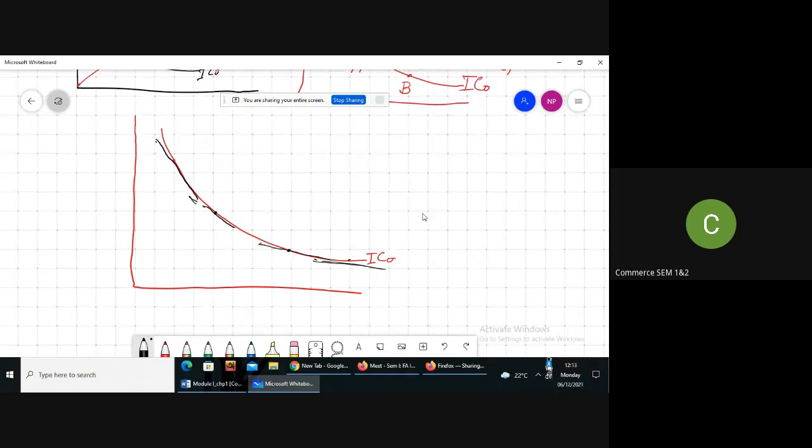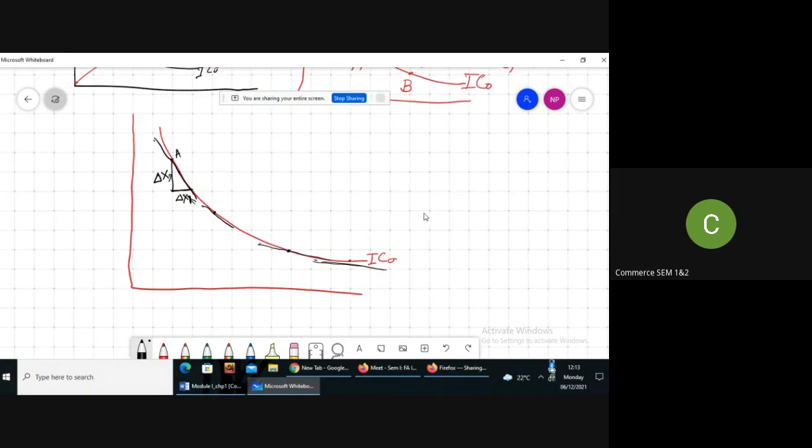Say if you are initially at point A, if you increase consumption of X1 by 1 unit, for that you need to sacrifice this much amount of X2. So this is 1 unit of X1, so this is delta X1, which is equal to 1. For this, delta X2 is this much, almost 1.5 or 1.6.